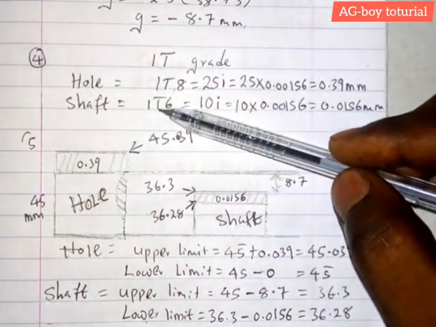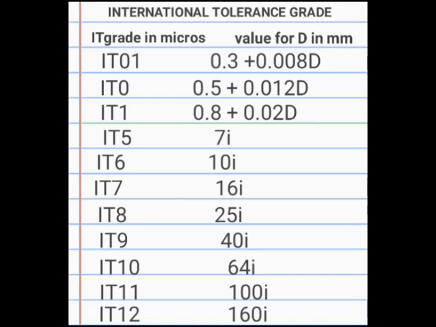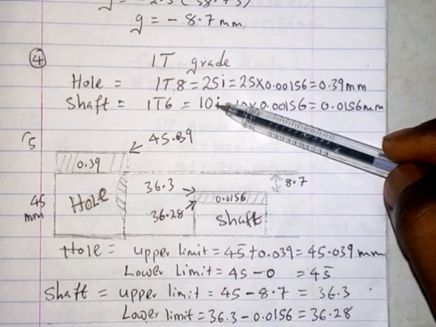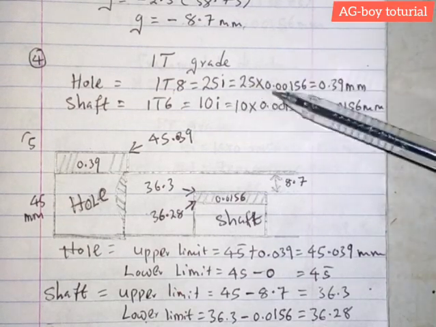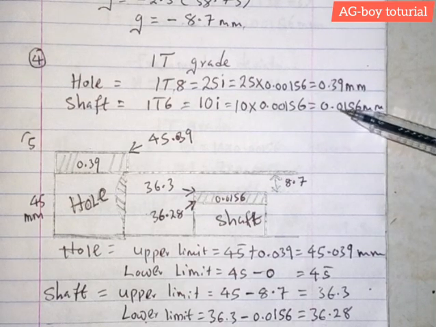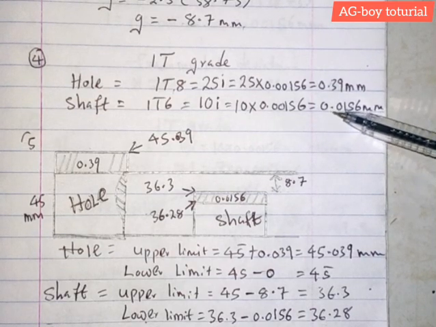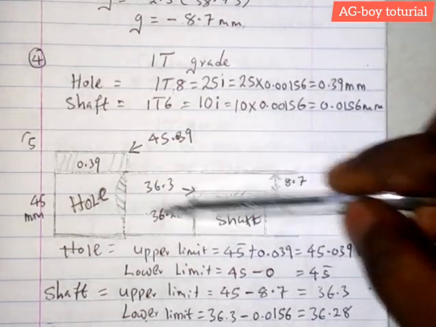Then for the shaft, it's IT grade 6. So it's 10i on the chart. It's going to be 10 times 0.00156, which is equal to 0.0156 mm. This is the diagram.